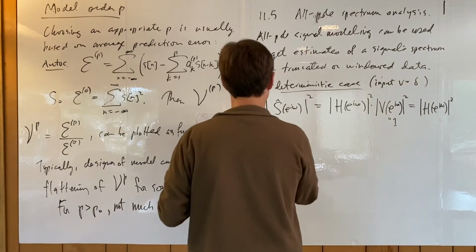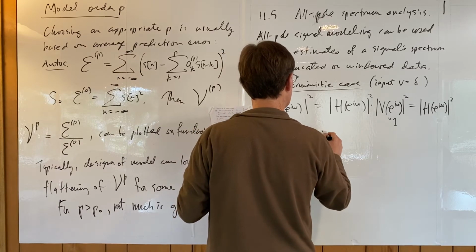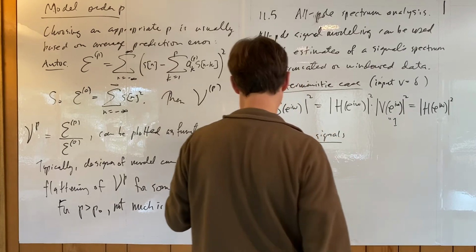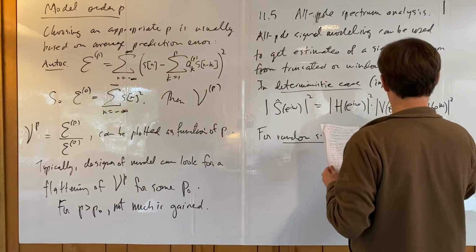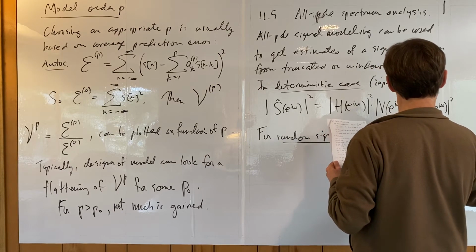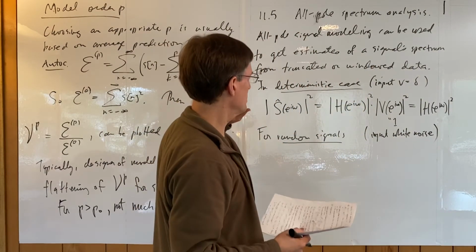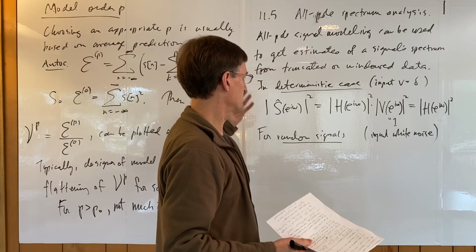And then for random signals, the other case, now the input, remember, is going to be white noise. Well, for random signals, we can't simply take the spectrum, right?